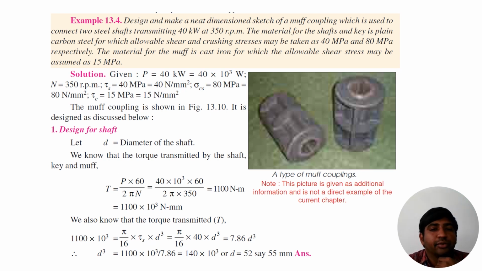Actually, the unit of the torque is 1100 Newton meter, so we need to convert to millimeter. We multiply by 10 power 3 to convert Newton meter to Newton mm. Using this formula, the diameter of the shaft is calculated.